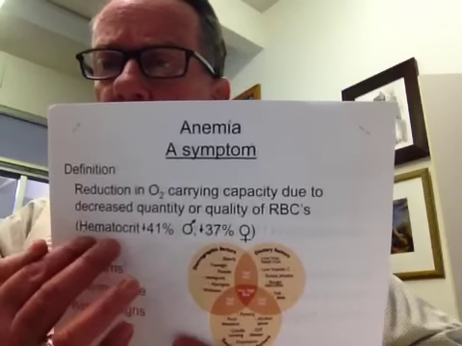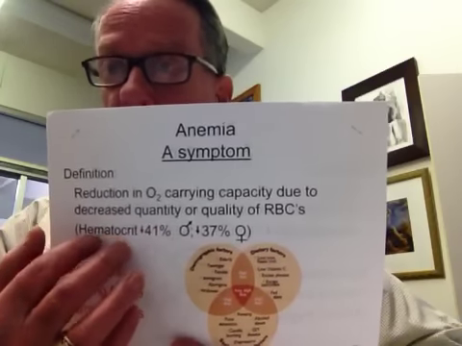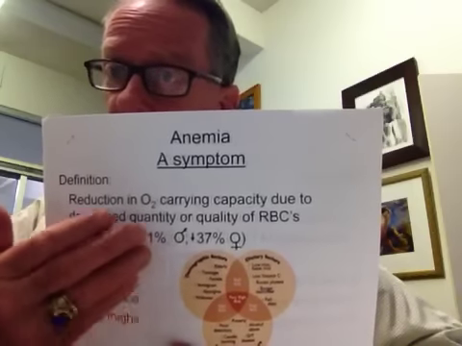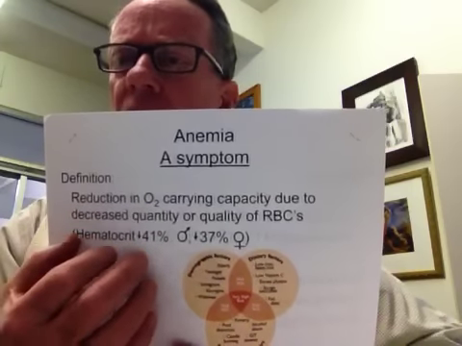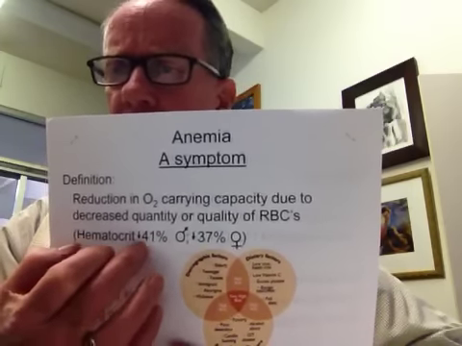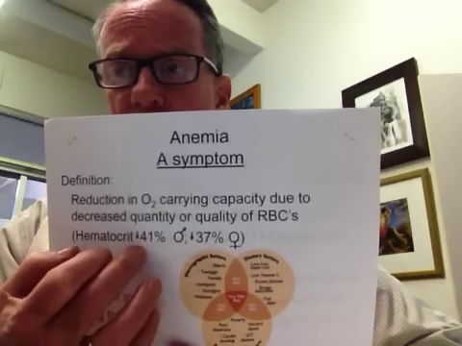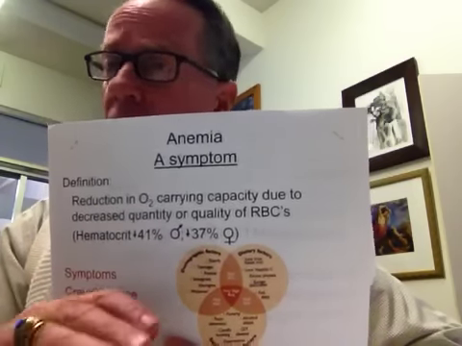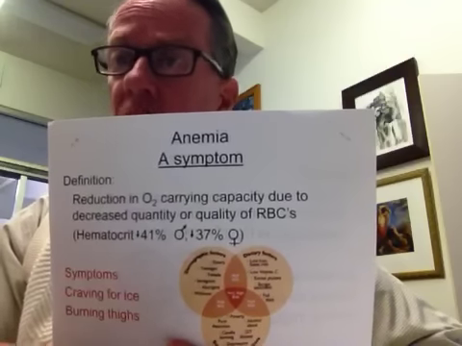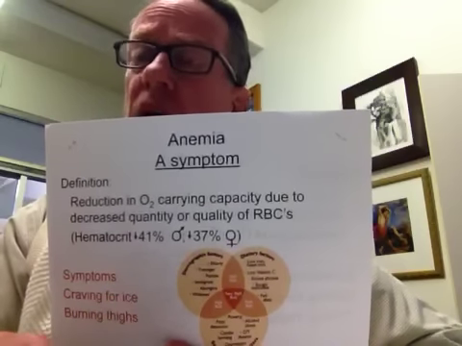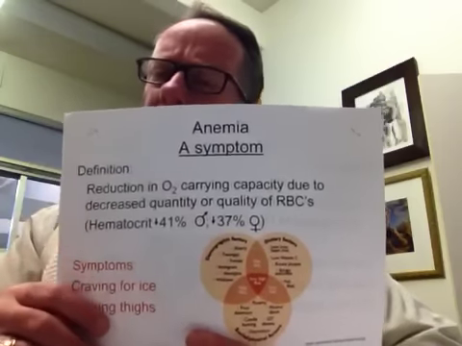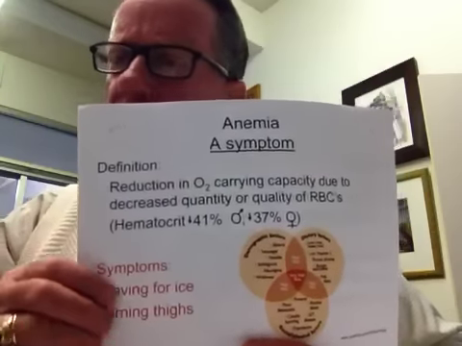A measure of how many red blood cells are in this solid component of the blood is the hematocrit, and if men's hematocrit gets below 41% or women below 37%, this person is anemic, they're going to be tired, and their immune system is vulnerable.